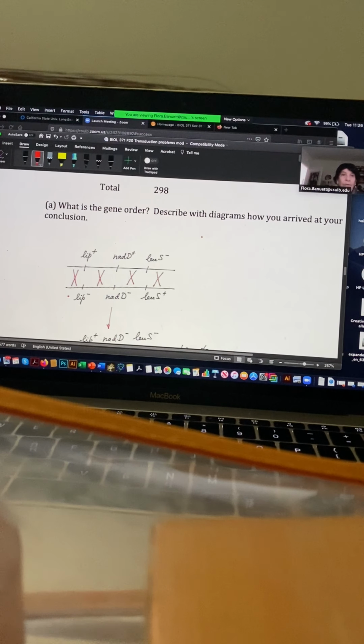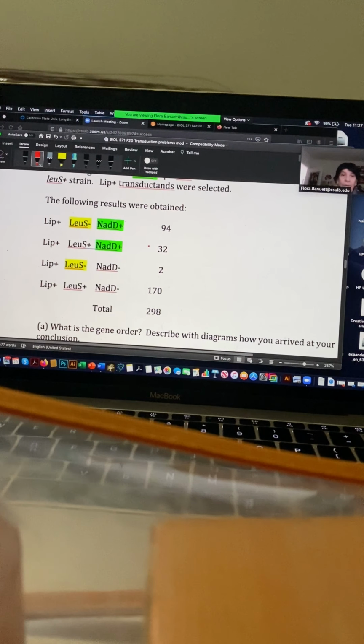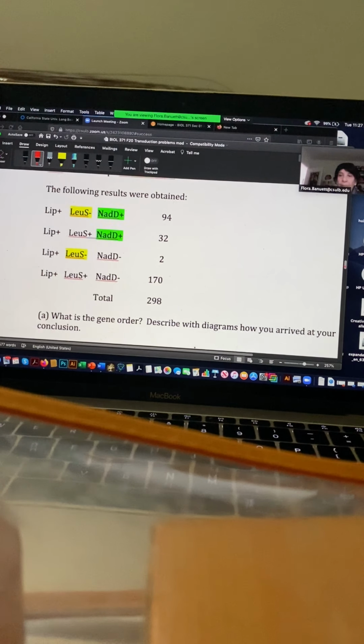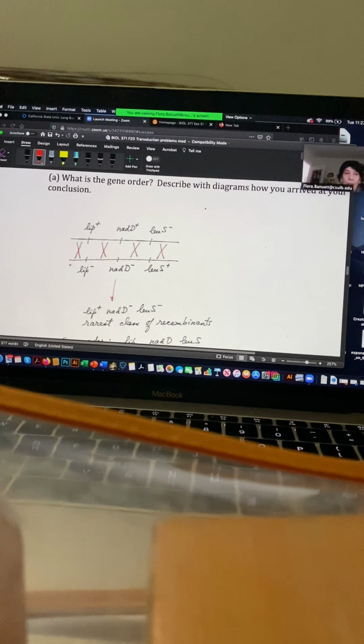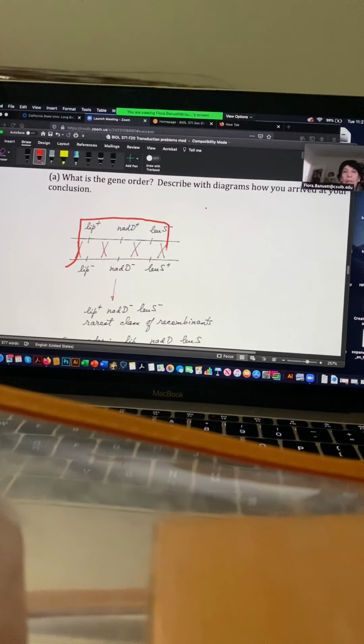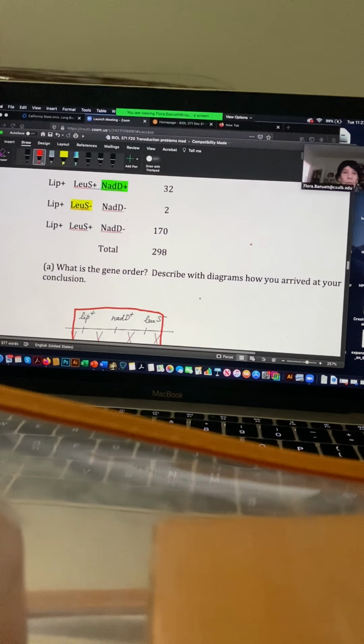And if you have this one here, you will get lip plus, nad plus, lu plus, which is this class here. All of them are plus. And if you get this double crossover here, you get lip plus, nad plus, lu minus.